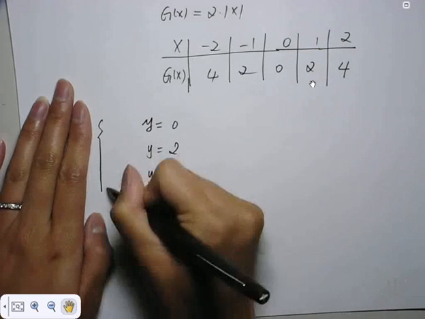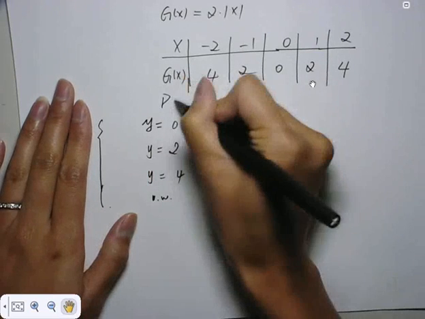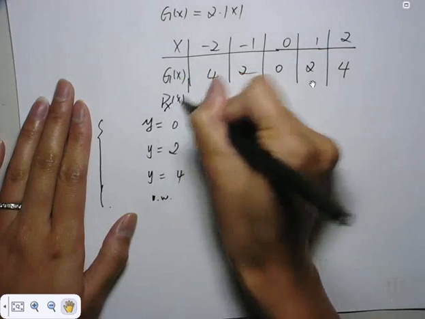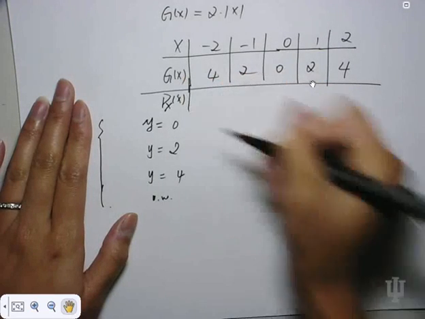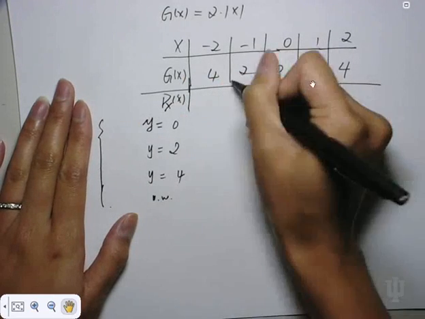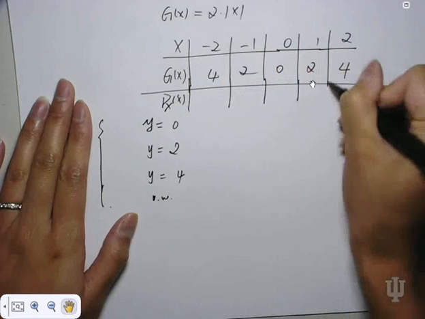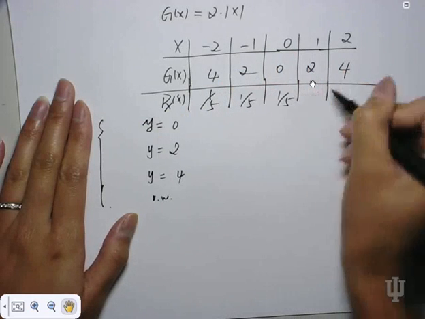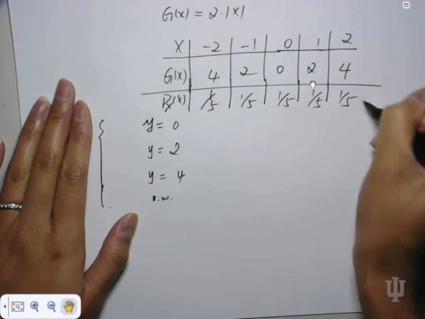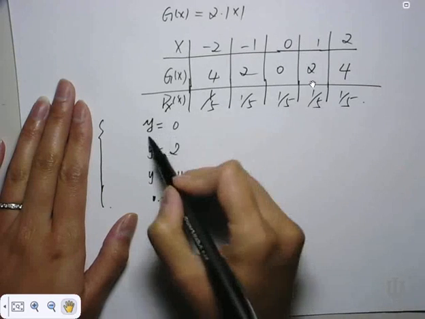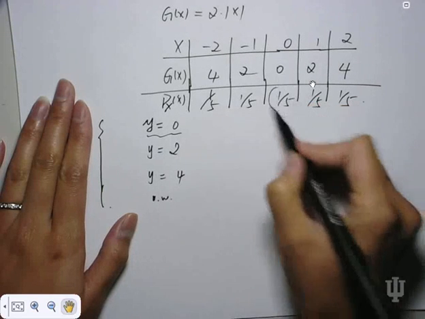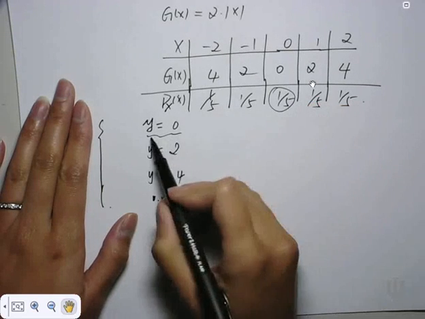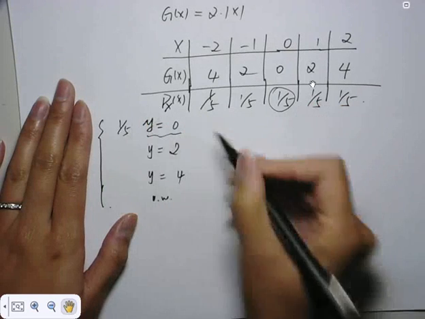Otherwise, if you know the probability mass function, if I write it just listed in the table, for example, they're equally likely. For y equals 0, what's the probability?